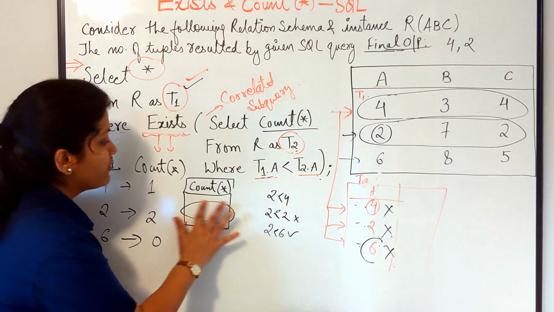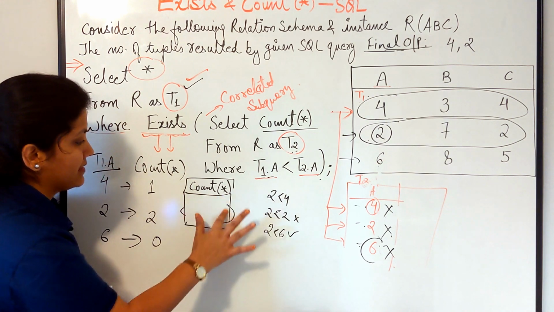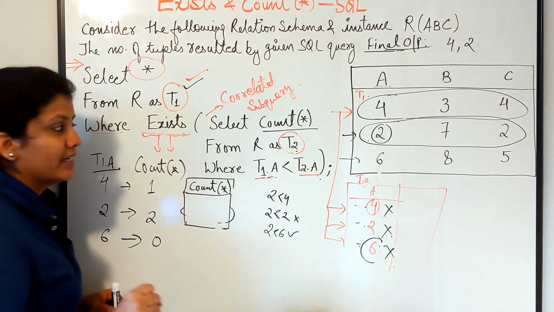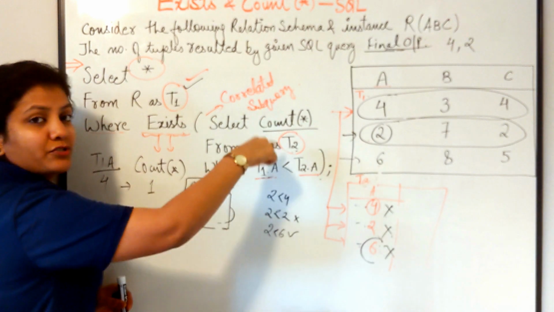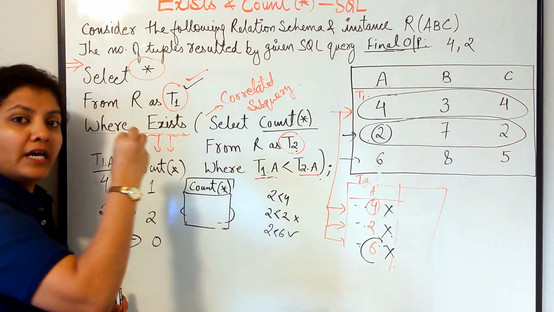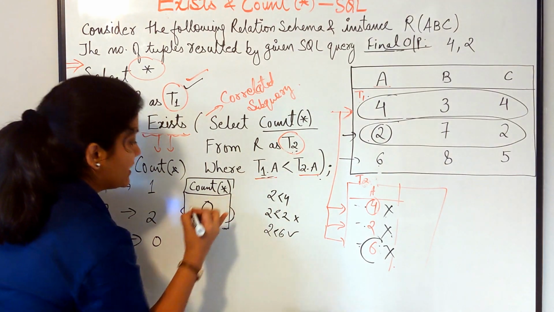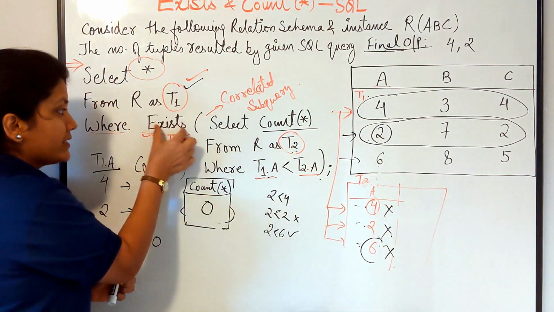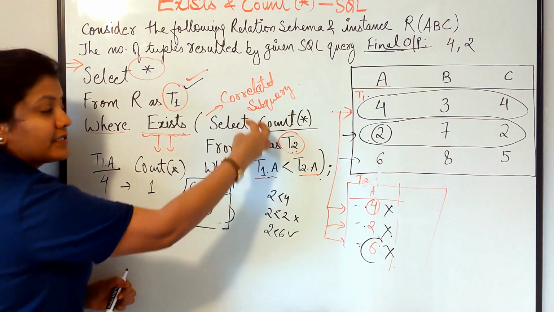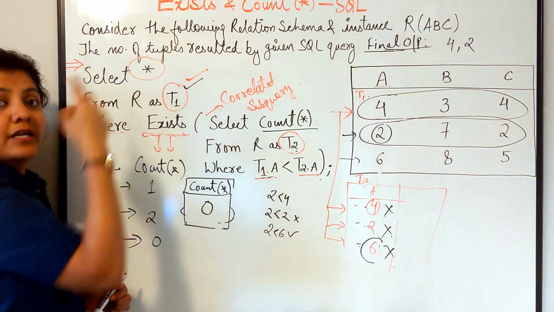If there would have been nothing here, if this would have been empty, in that case this would have shown an empty relation and exists would have thrown false. But because count star is giving value 0, this exists will consider that yes, something is existing, and so it will return true.